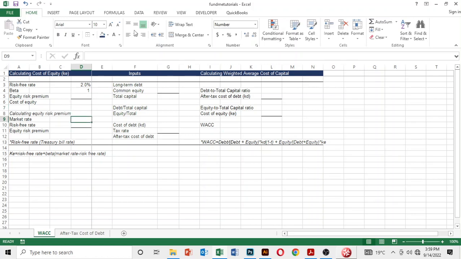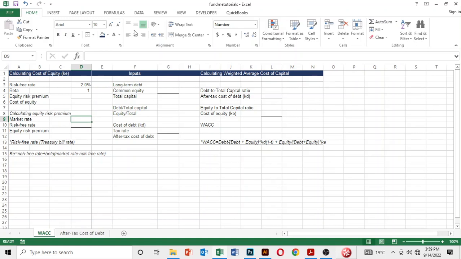So let's say the market rate. The market rate basically is computed from the data of the index that you are benchmarking the stock with, for example the S&P. So you compute the market rate there and then you input it there. Let's just assume that the market rate is 5%.